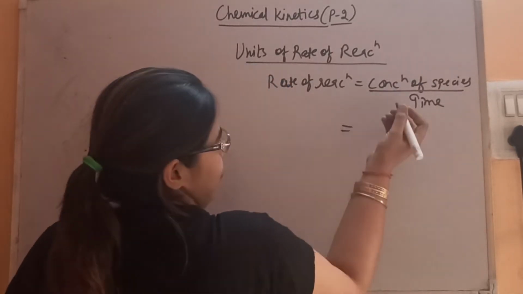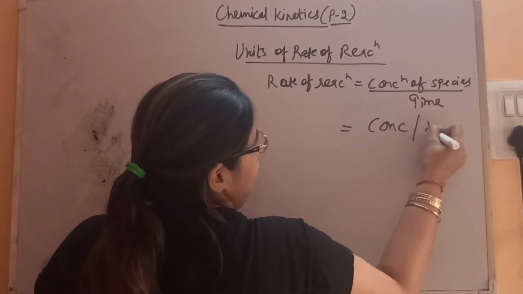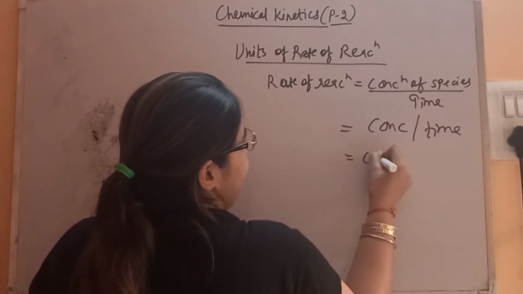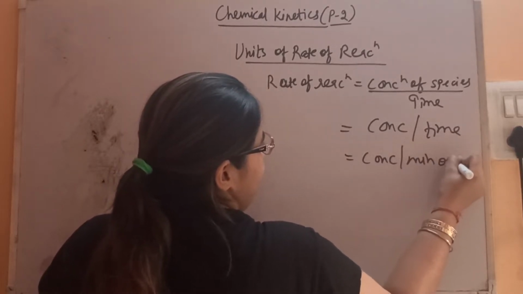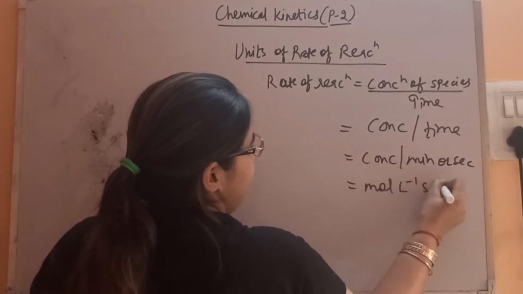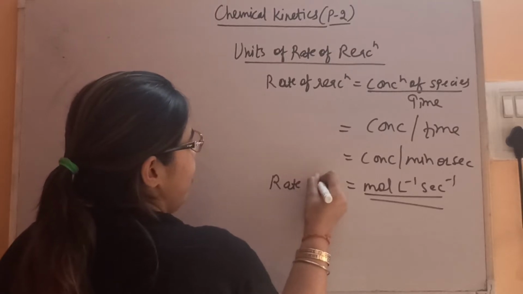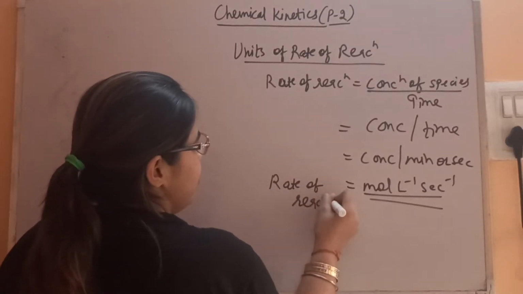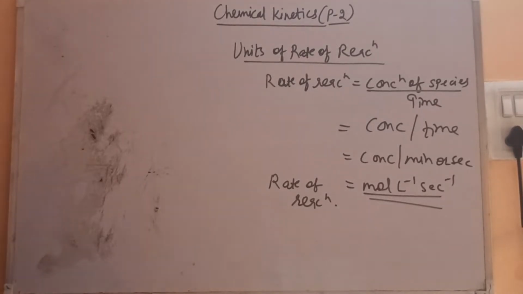So as you can easily say, its units are concentration per time, or if time we can report concentration per minute or seconds, and concentration will report in moles per liter per second. So these are the units of rate of reaction. So now let's see what are the factors affecting the rate of reaction.